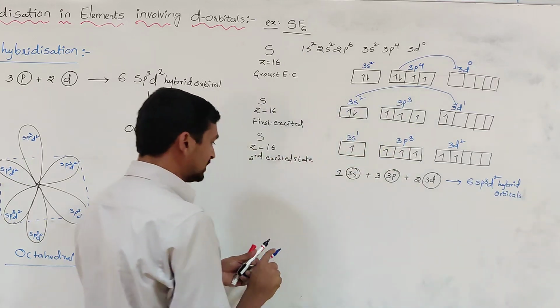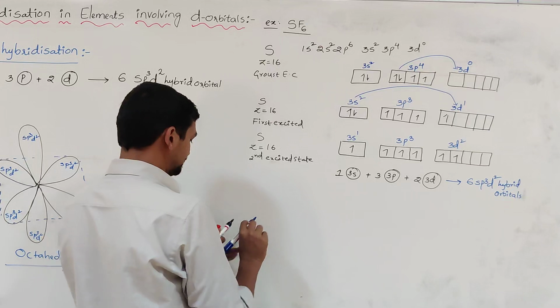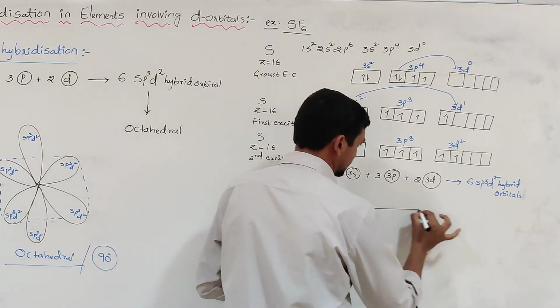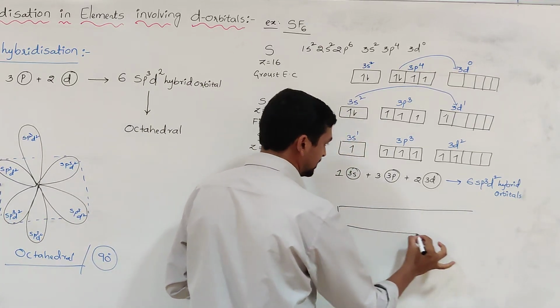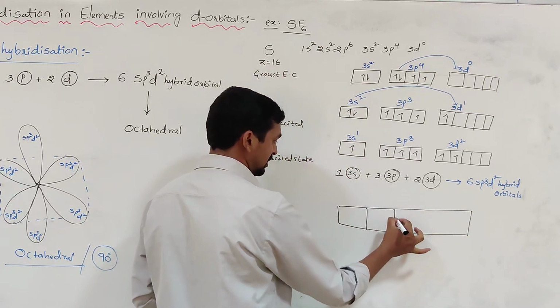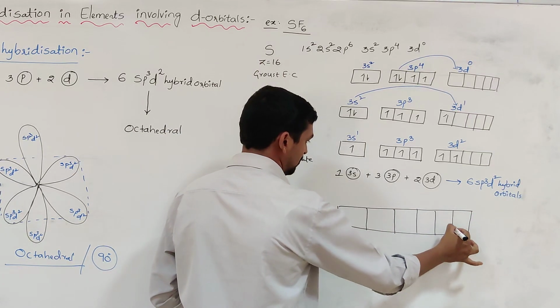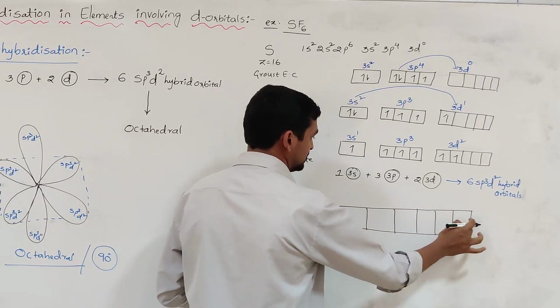Now for SF6, I will write in a box diagram all the 6 sp3d2 hybrid orbitals. Just for our understanding, I can write like this because all are equivalent in energy and shape. 1, 2, 3, 4, 5, 6.